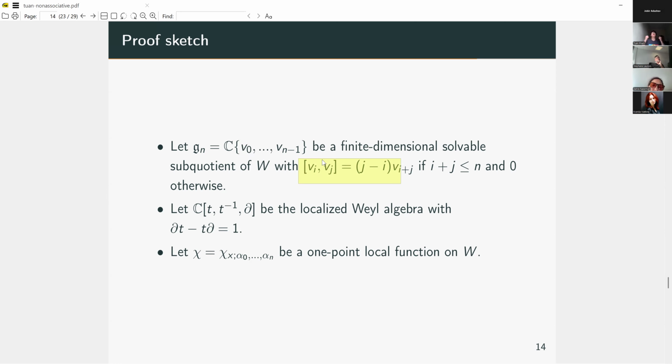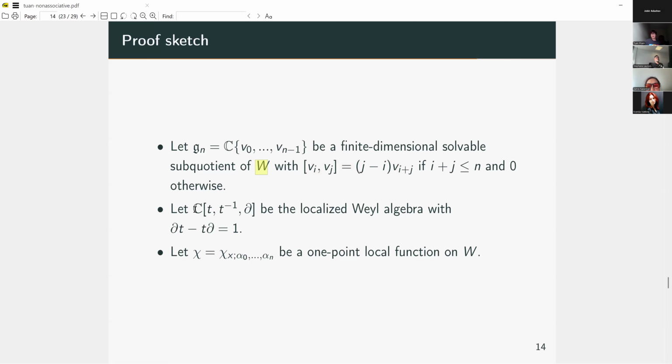If you remember the Lie bracket of the Witt algebra, this looks exactly like it. In fact, the Witt algebra is a simple algebra, so it has no ideals. But then I can take the subquotient of W. So this Gn is just a subquotient of W, where I choose all the things that are bigger or at least n.